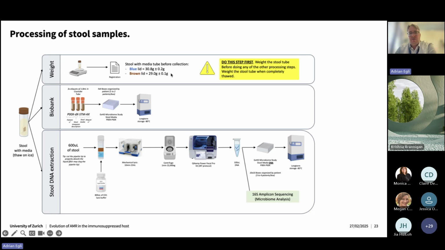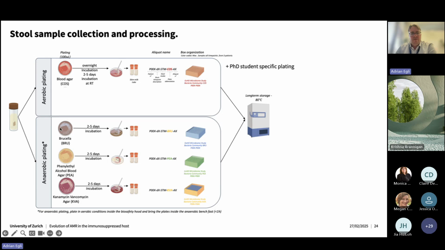We weigh them so that we also have the relative concentration of the stool. We know that. Then we do aliquots, where we have a very, very nice biobank information management system, a BIMS. So the whole biobank is well organized. And then we already extract DNA from these samples for 16S sequencing, and that's ongoing work.